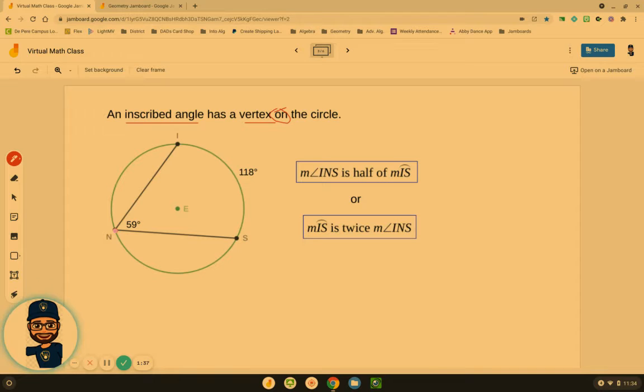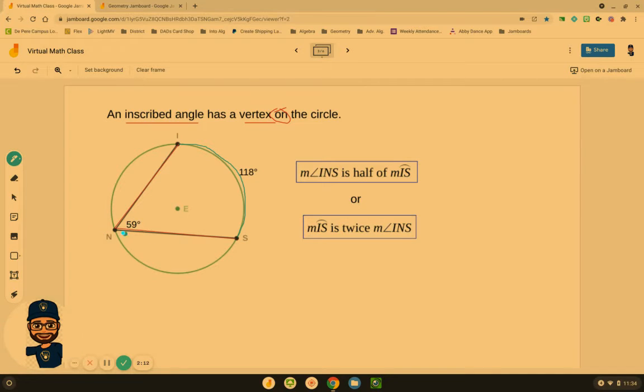Now, when that happens, the angle measure from I to N to S is equal to half of the intercepted arc. So INS is half of the arc from I to S. Or we can say it the other way: the arc is twice that angle measure.